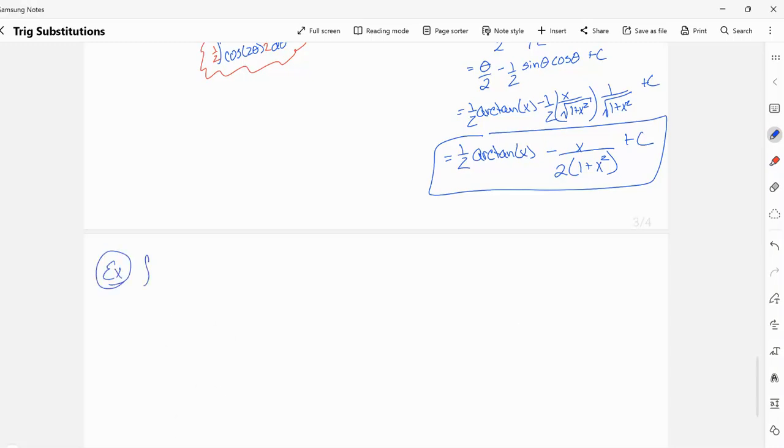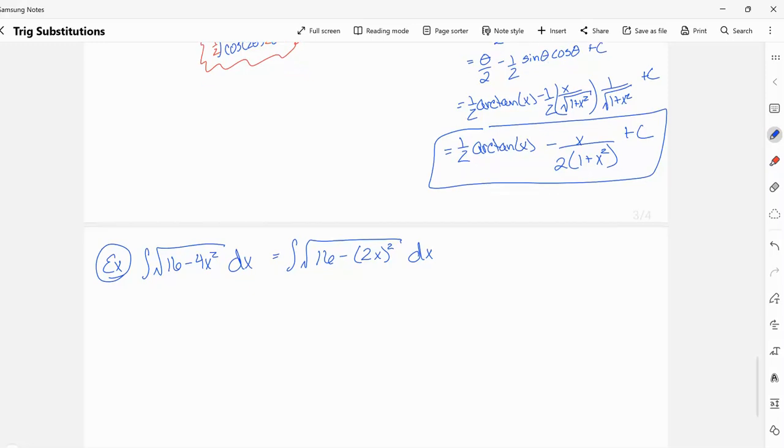Let's try another one. Let's say we want to integrate square root of 16 minus 4x squared dx. So I'm going to think about this one as the square root of 16 minus 2x quantity squared. That way I can use a trig sub.